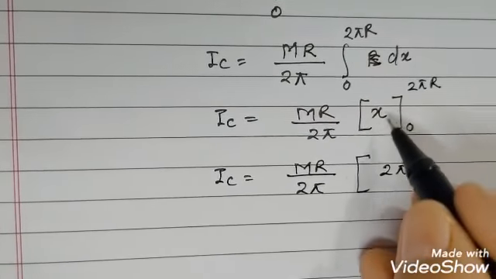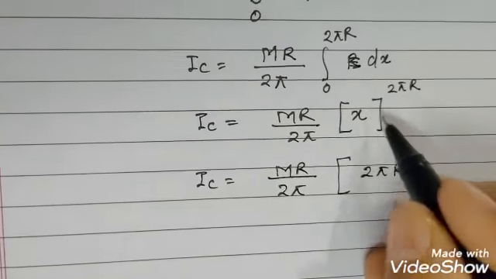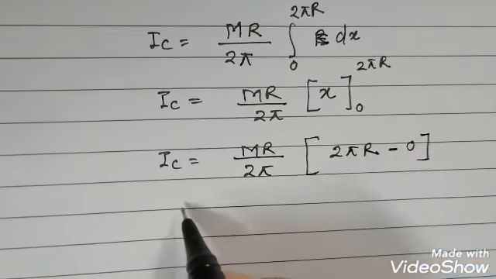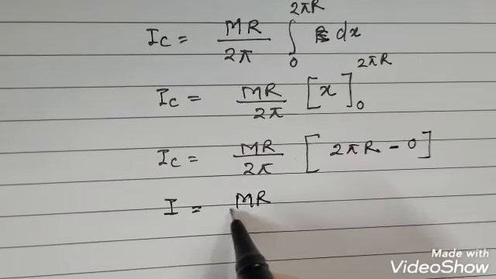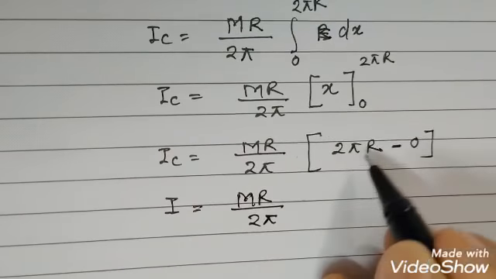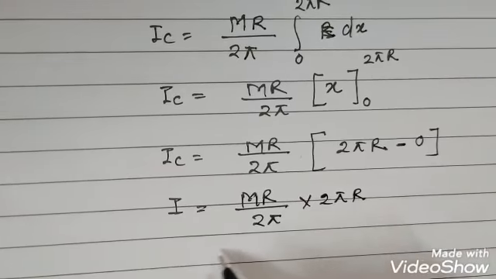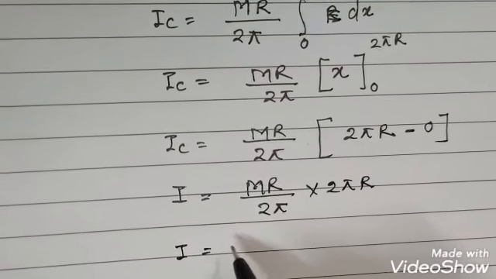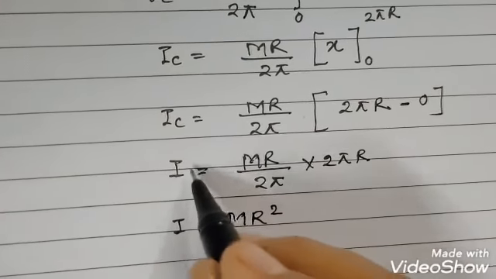So in place of x we'll put 2 pi r, minus the lower limit, which is 0. So we'll put 0 here, and the quantity will come, that is mr upon 2 pi multiplied with 2 pi r. 2 pi would be cancelled, then the quantity will come, that is mr square.